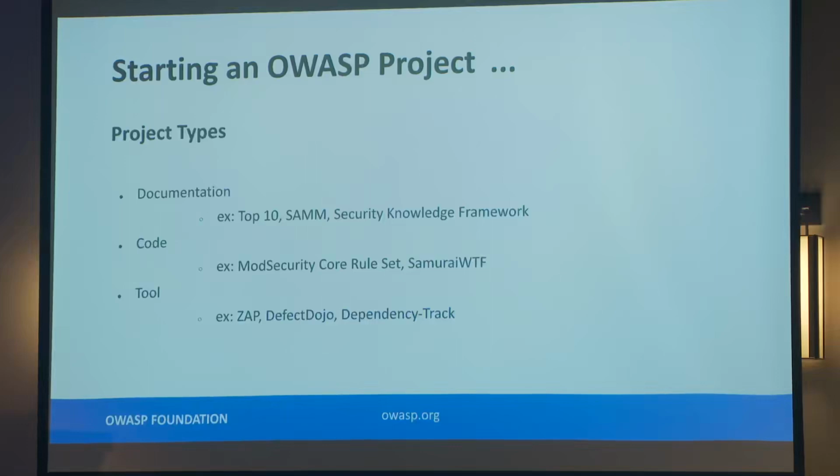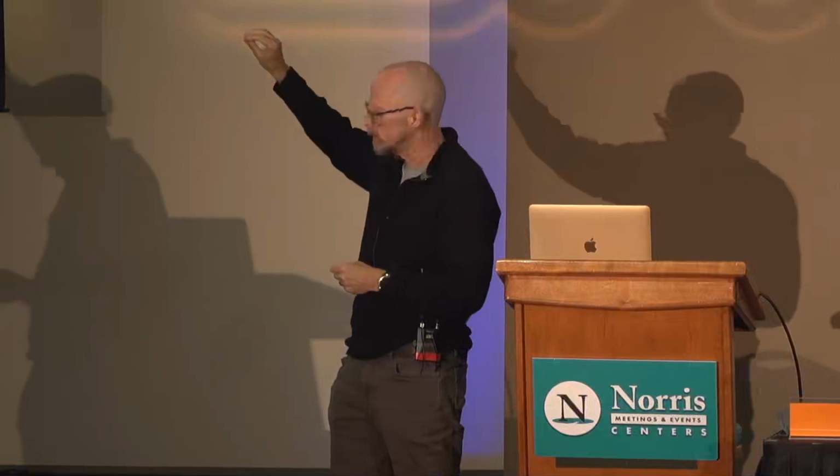Code projects are things, let's say ModSecurity Core Rule Set, Samurai WTF, and tools are ZAP, Defect Dojo, Dependency Track. You can look at those as a kind of mixture between the two. Code is basically either pieces that can be used in other things, right?